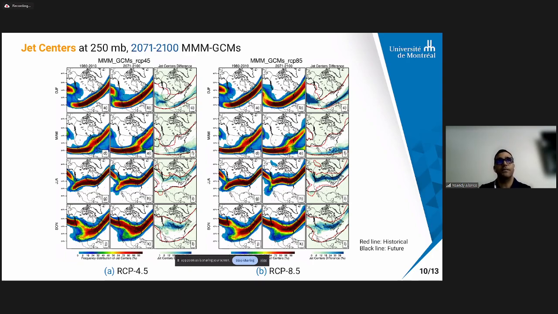For the RCP 4.5 and also for the RCP 8.5, we have more or less the same conclusions, the same movements in the jet stream: to the south during spring, to the north in summer and fall in both scenarios, and more pronounced in the RCP 8.5, with a difference greater than 30% in the RCP 8.5 scenario.